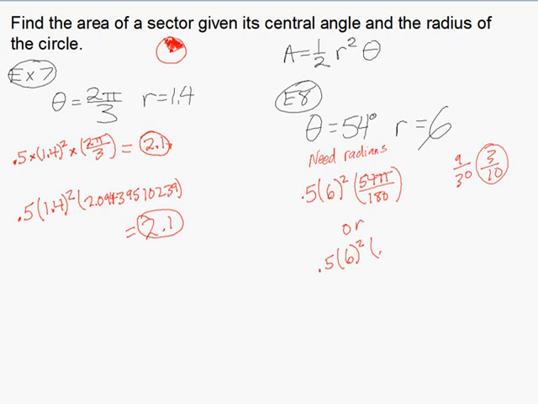It would be 0.094247776. Okay, and there's some more, but we need enough decimal places. And this is your radians right here. So you plug all this into your calculator, either this way or this way, you're going to get 5.7.